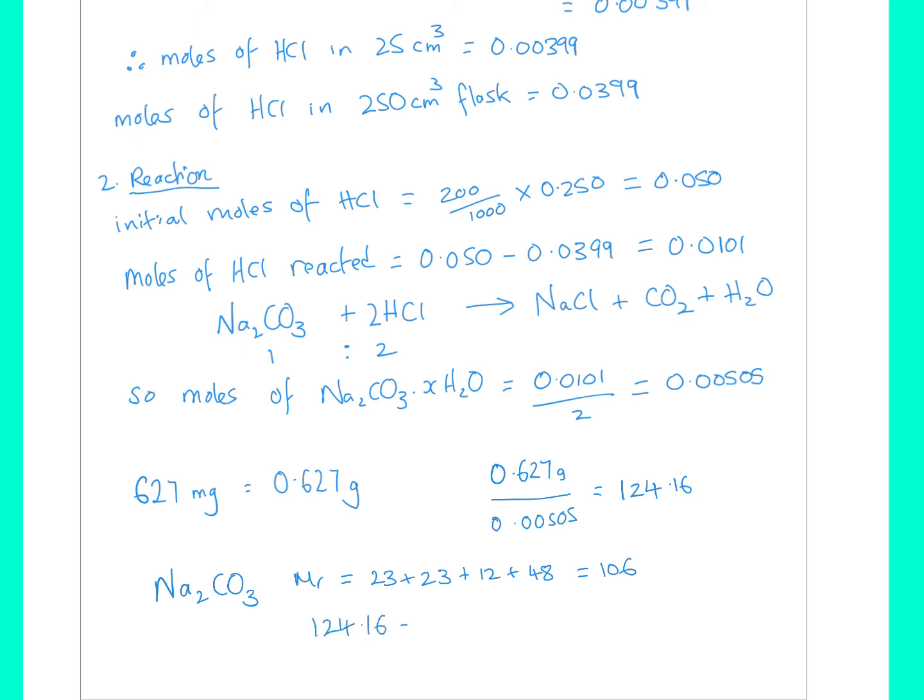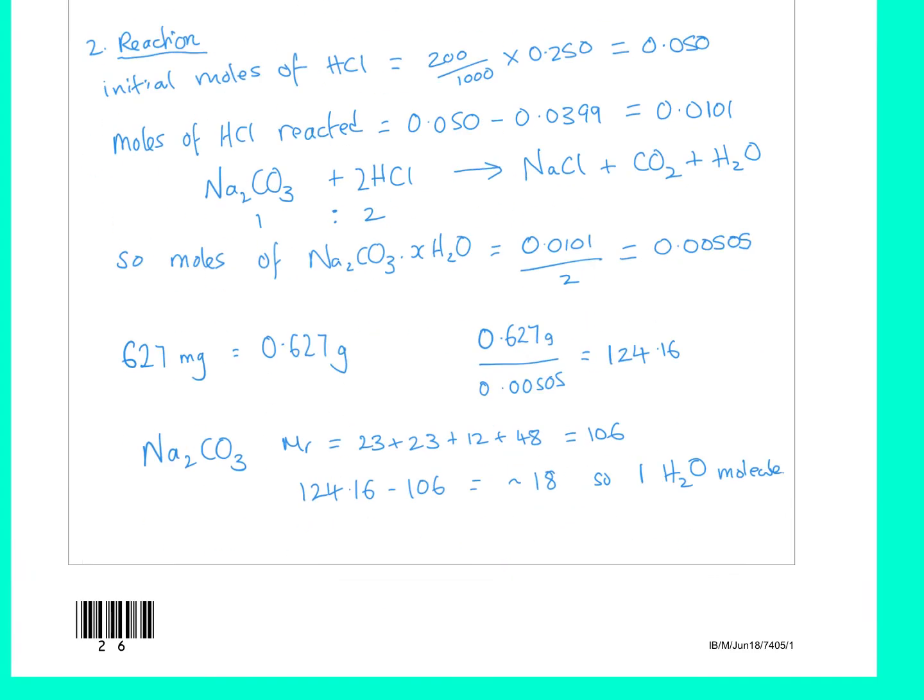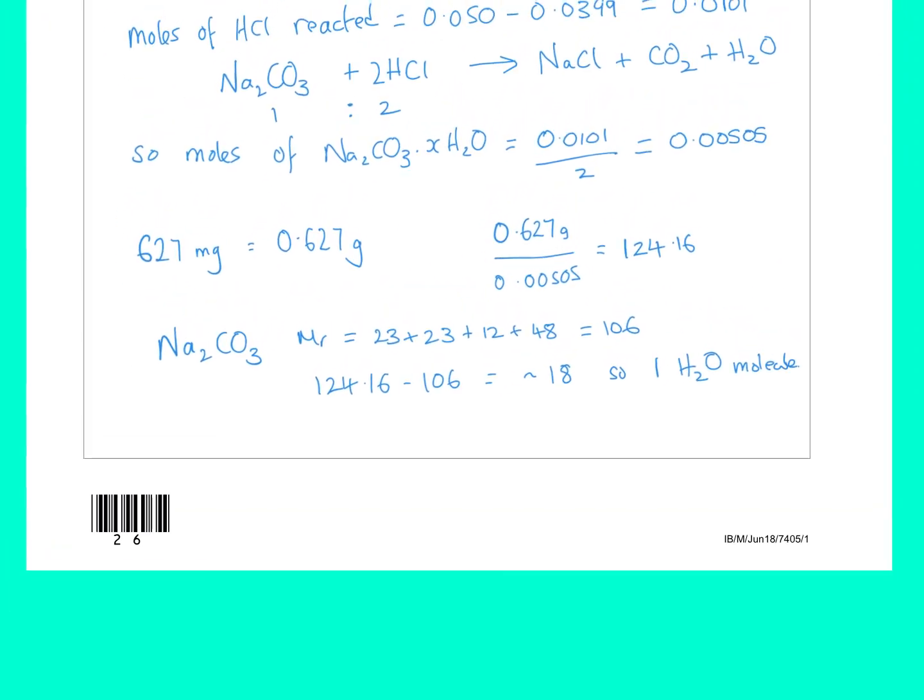So whatever is left over is down to water. So the difference between them is approximately 18, which is one mole of water. Okay, so when you look at the formula Na2CO3·xH2O, we know that x must be 1.